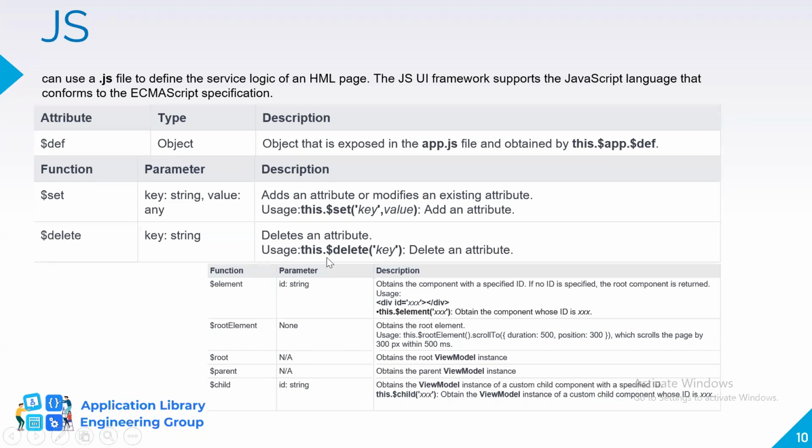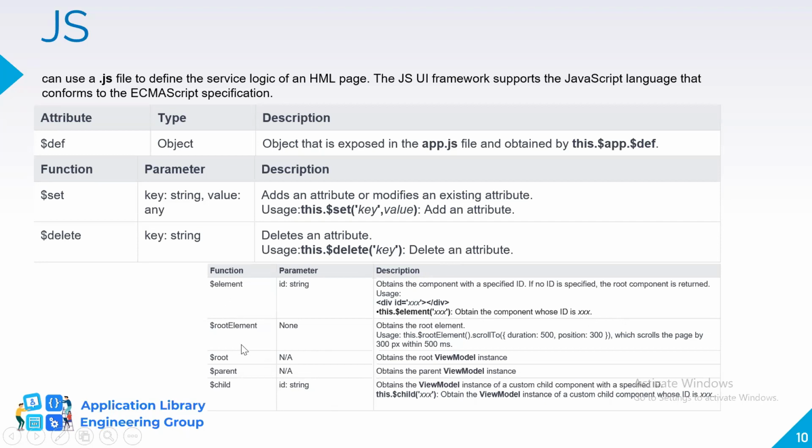For example, in your HTML, you define some component with ID equals to text1, so that you can access via $element. If you can see a sample code here, the div tag's ID is given to some XXX that can be accessed via this $element of XXX.